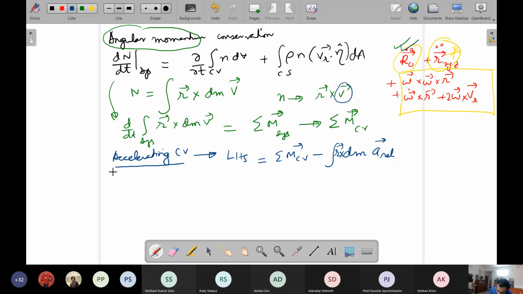And what about the right hand side? You have to keep in mind that when it is an accelerating or a general moving control volume, your n will be this one, r cross v. Now this v is v relative, not the absolute v.